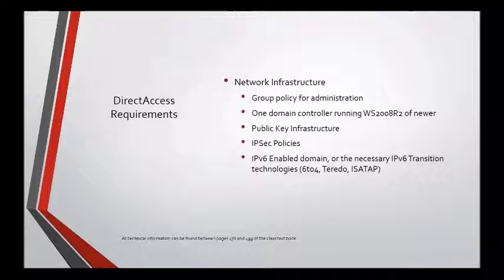Public key infrastructure for authentication of certificates must also be enabled. IPsec policies must be configured and enabled. The domain must be enabled for communication via IPv6 or have the necessary transition technologies in place, such as 6-to-4, Teredo tunneling, or ISATAP.